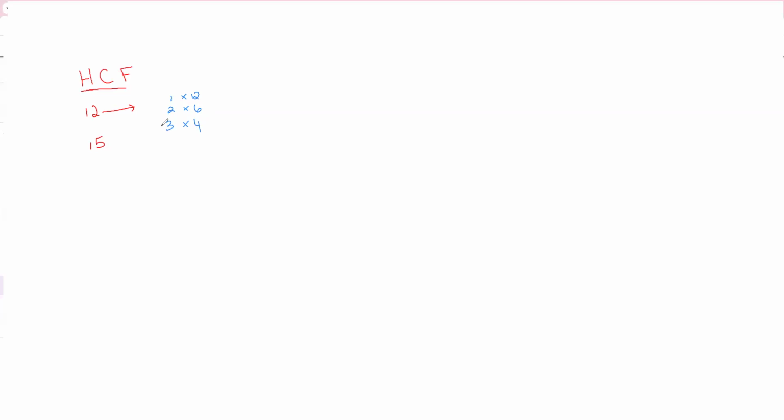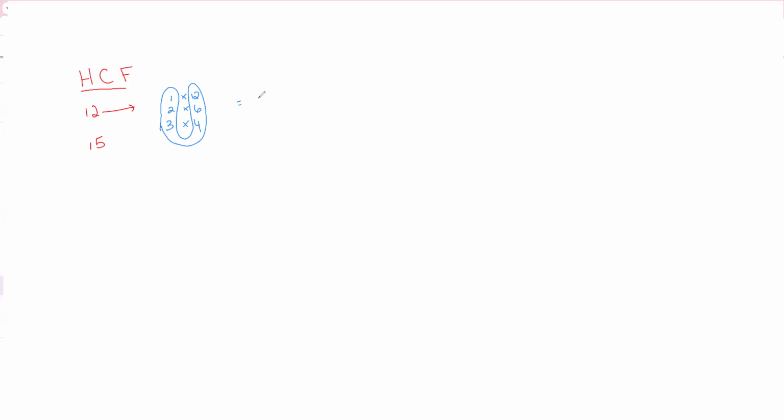Once you do it in ascending order, you'll realize the numbers are going to form a loop, right? Because it didn't make sense for us to put 4 times 3 because 3 times 4 is the same as 4 times 3. So you only do it in one direction, in ascending order, and you'll form a loop of all the factors.